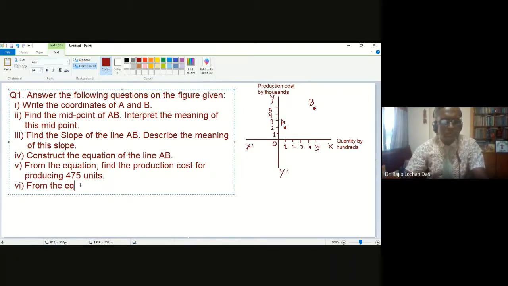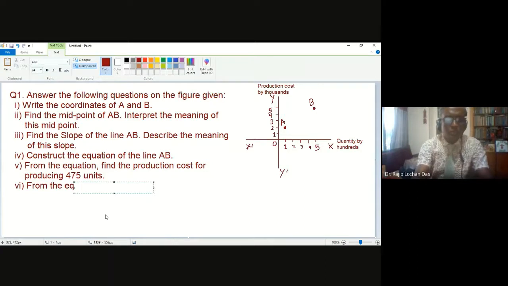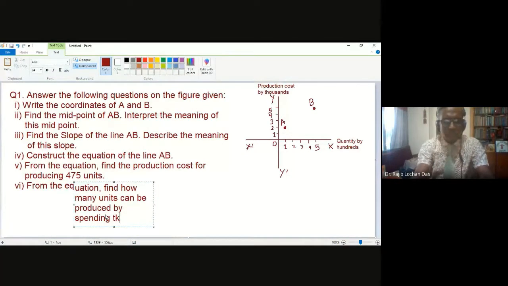So there is another question. From the equation again, find how many units can be produced by spending taka 7,500.